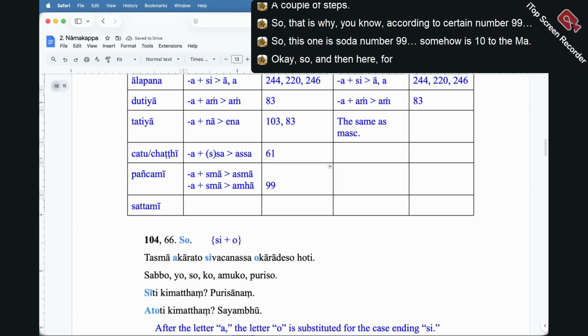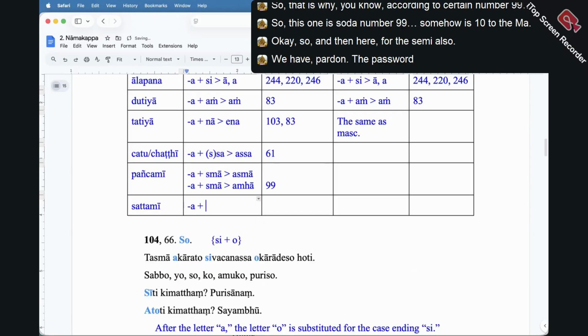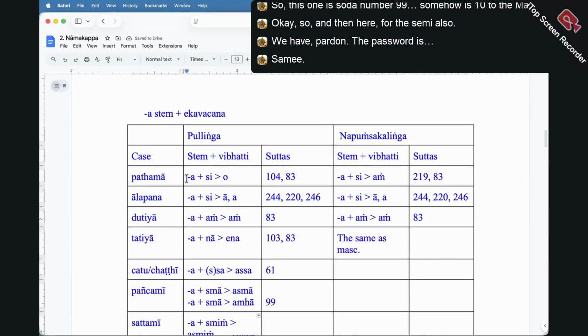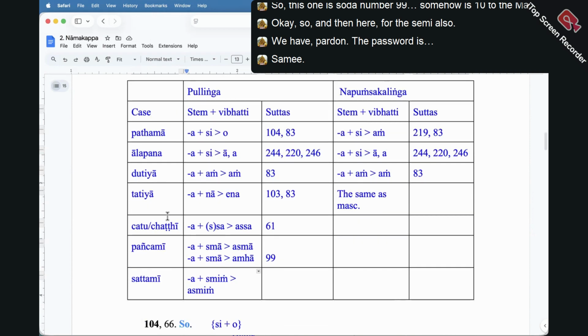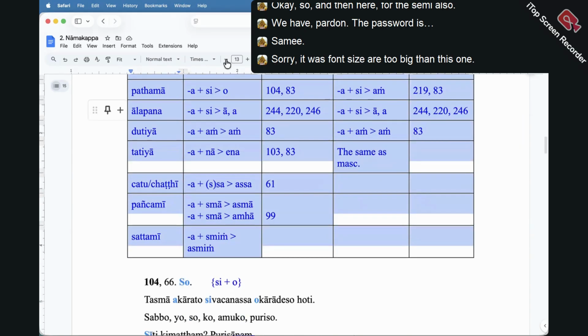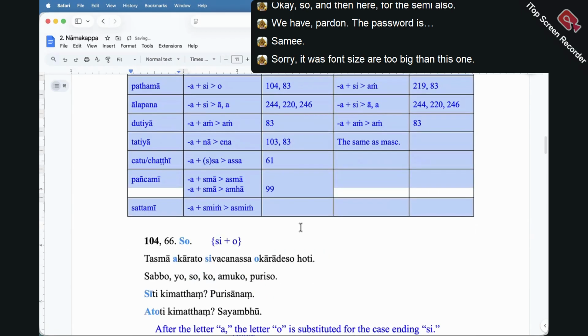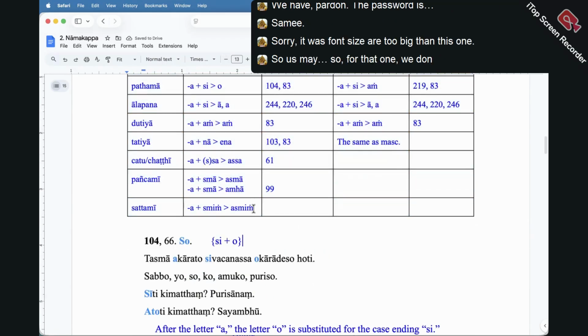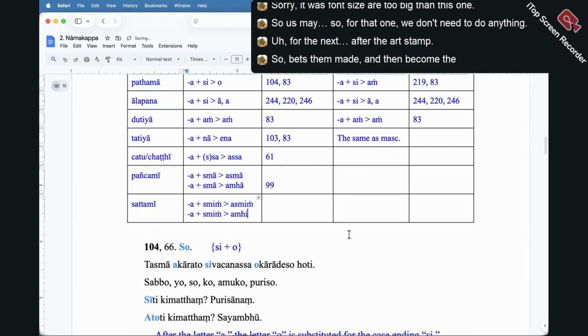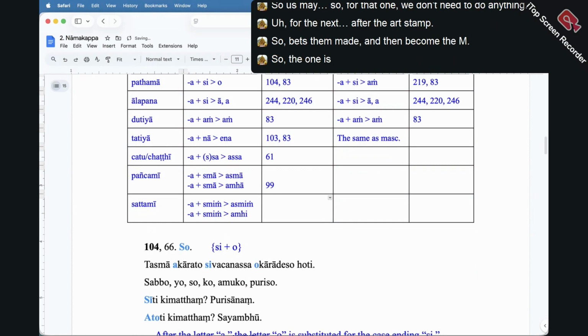And then here for the Samain also, we have put in the first one, Samain. So Asmay, for that one, we don't need to do anything. But for the next, after the stem, Betsamay, and then become the Me. So the one is Sutta number 99.